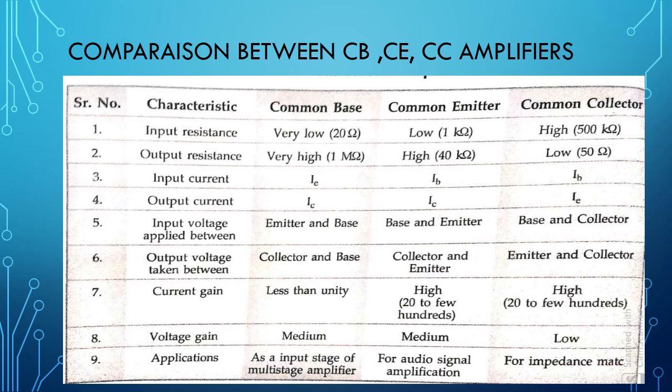The common emitter is used for audio signal amplification, and it is used as the intermediate stages in the multi-stage amplifier. Whereas the common collector is mainly used for impedance matching. In the multi-stage amplifier, we can prefer the common collector stage at the last stage, to match the impedance between the amplified signal and the load.